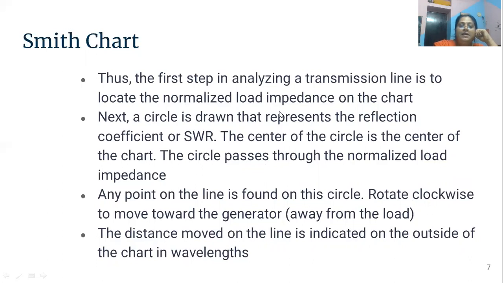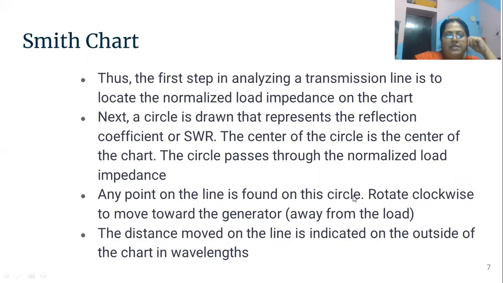Next, a circle is drawn that represents the reflection coefficient, or SWR. The center of the circle is the center of the chart. The circle passes through the normalized load impedance. Any point on the line is found on this circle.